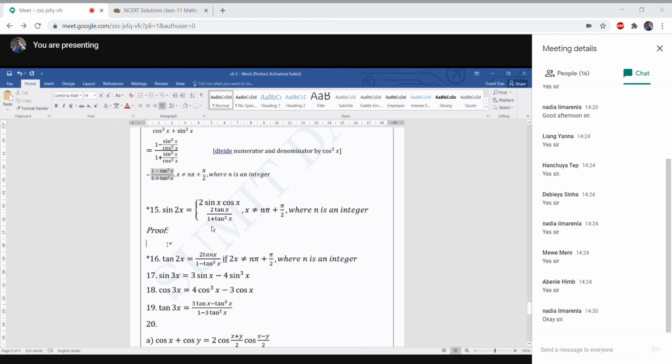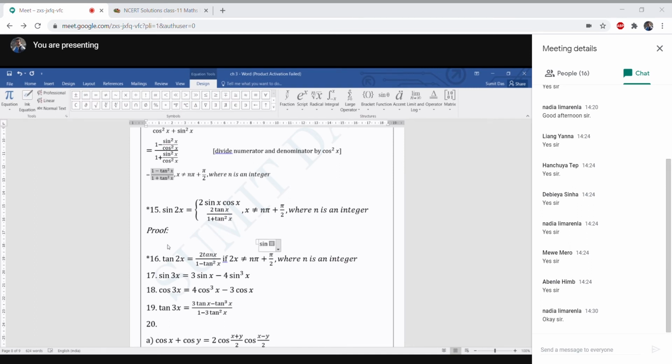So let's write sin 2x. So sin 2x can be written as sin of x plus x. Okay, so after that we can use the formula.